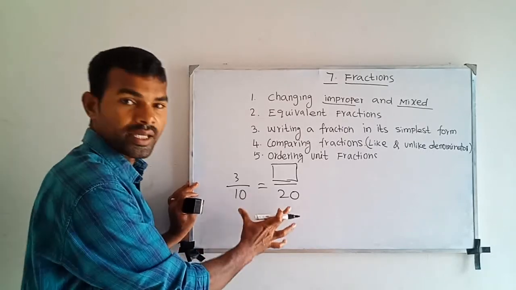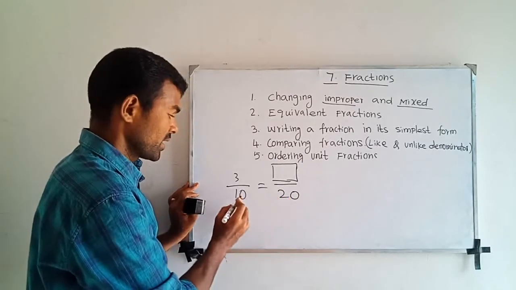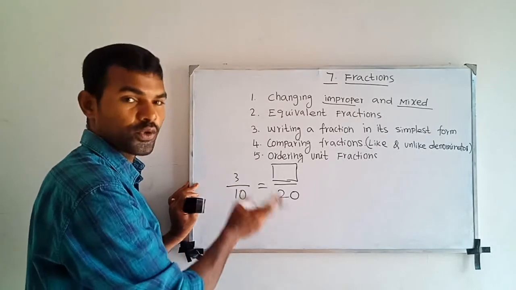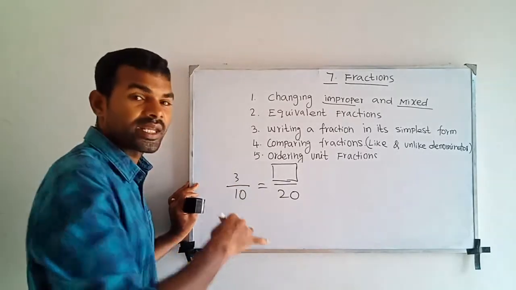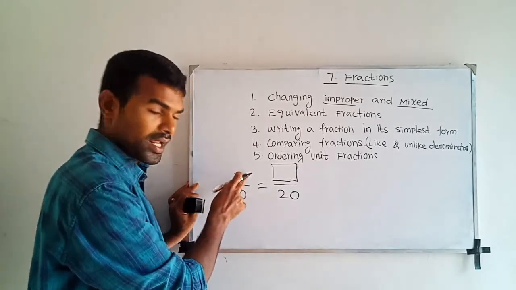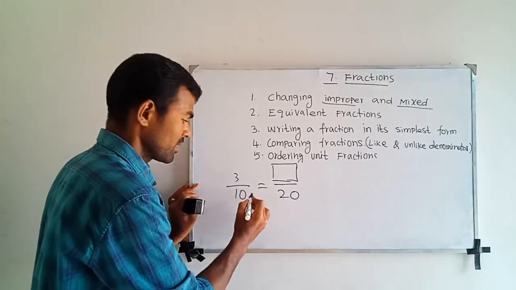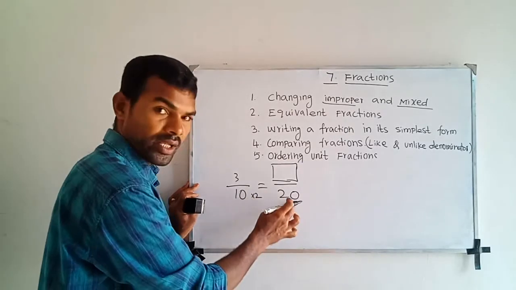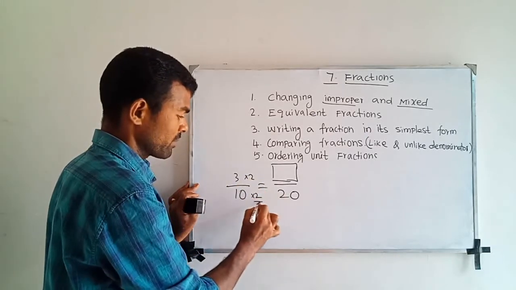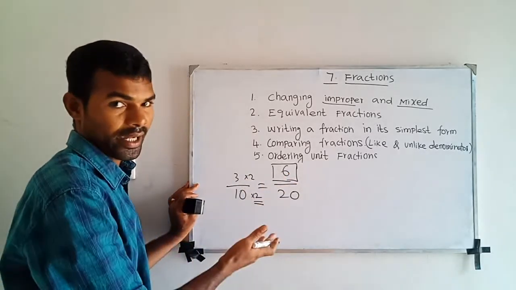So this is an equivalent fraction. 10 multiplied by which number gives 20? 10 multiplied by 2 gives 20. Yes, we are getting the equivalent fraction by multiplying the numerator and the denominator with the same number only. Then 3 multiplied by 2, how much? Same number, 2. Yes, 3 multiplied by 2, how much? 6. This is your answer.